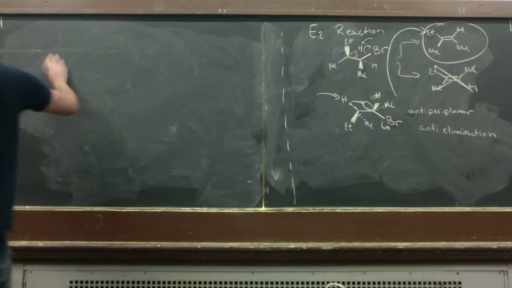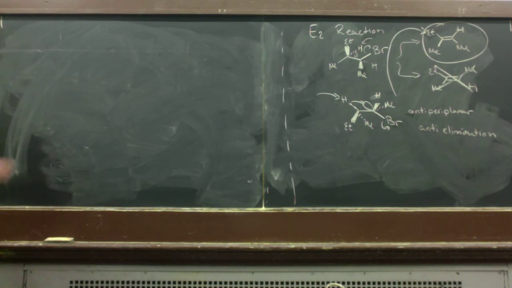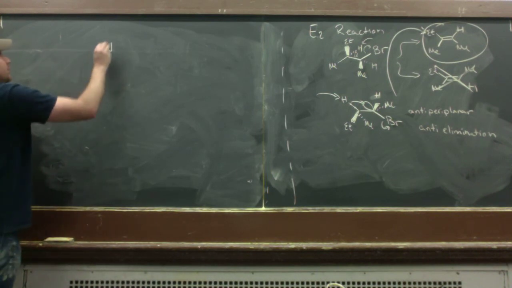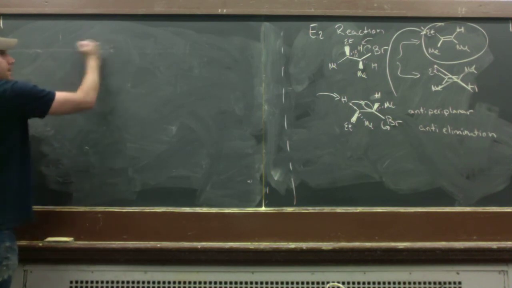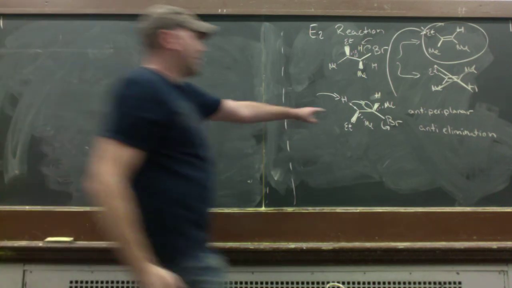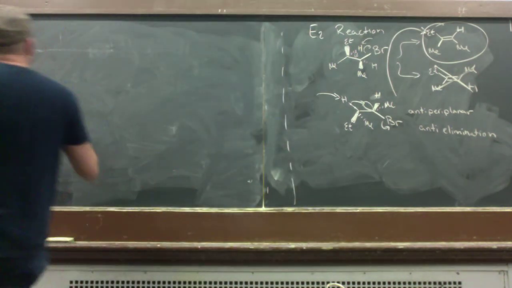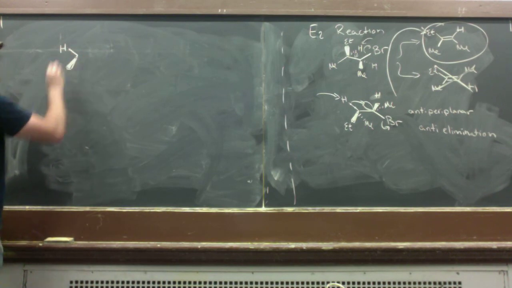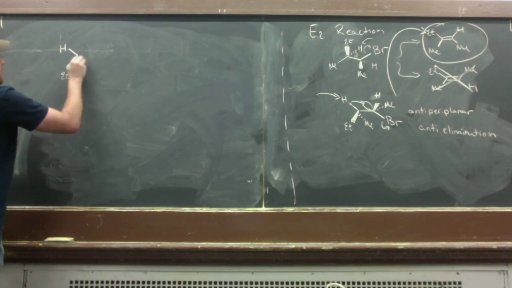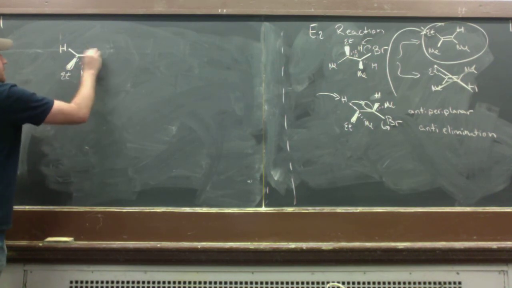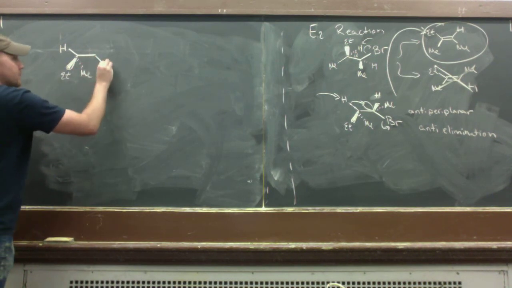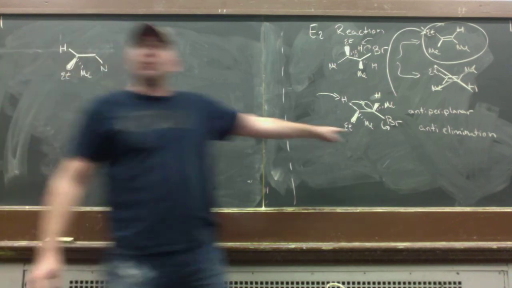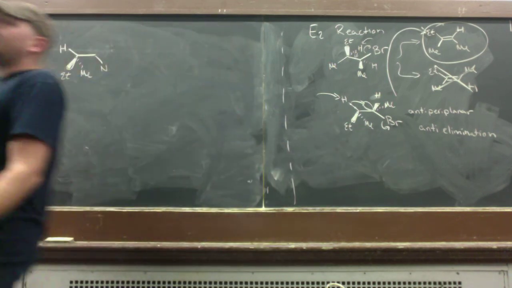Because what needs to happen in a Cope elimination, right, is if you are doing the analogous elimination, if I just draw the exact same molecule, but I'm just going to make my leaving group now the N-oxide.